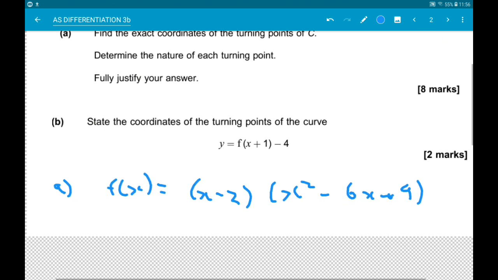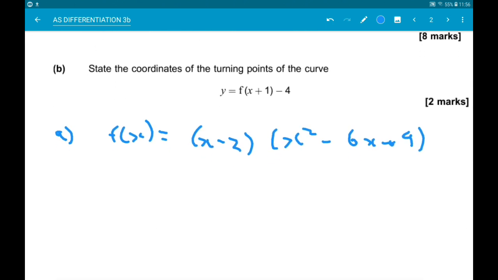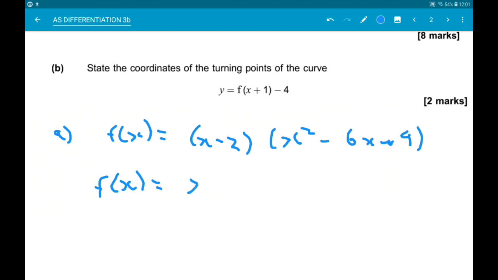Now, make sure that you can then expand that to get x cubed minus 8x squared plus 21x minus 18. Okay, so now the function is in a usable form.